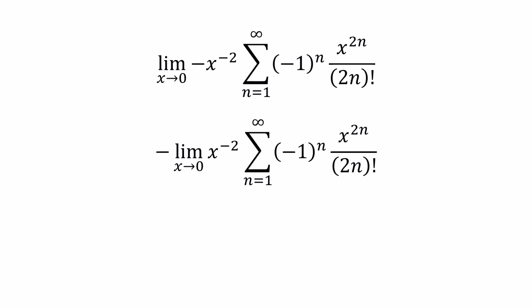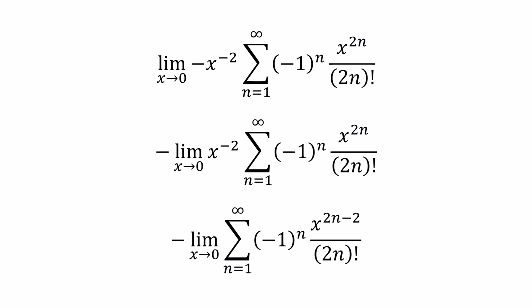Distributing the x to the negative 2 gives negative limit as x approaches 0 of the summation from n equals 1 to infinity of negative 1 to the n, x to the 2n minus 2 over 2n factorial.